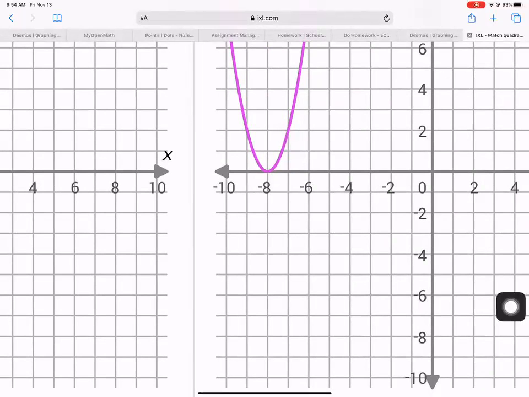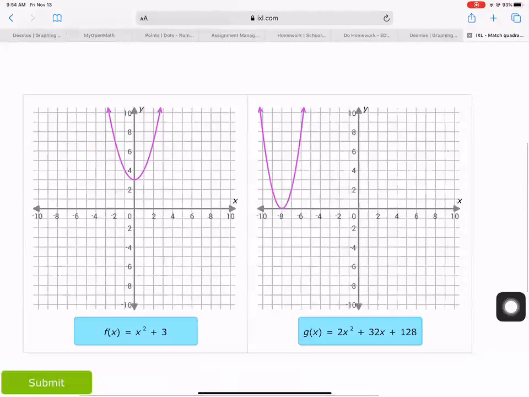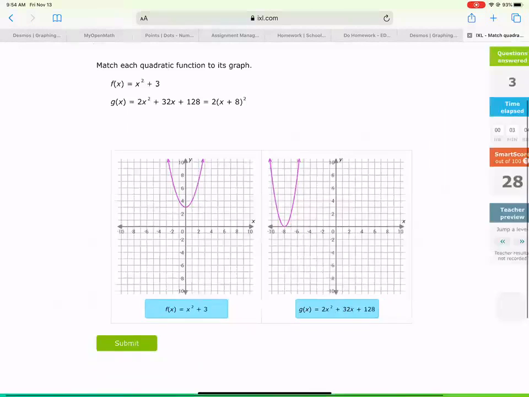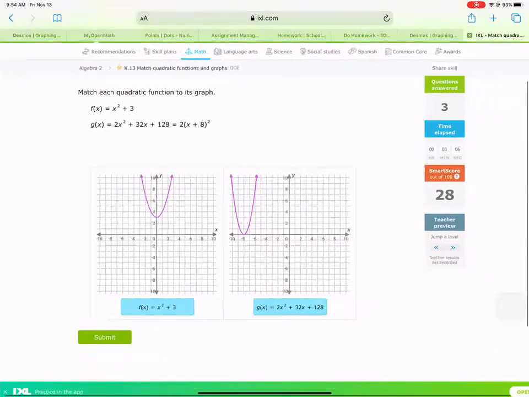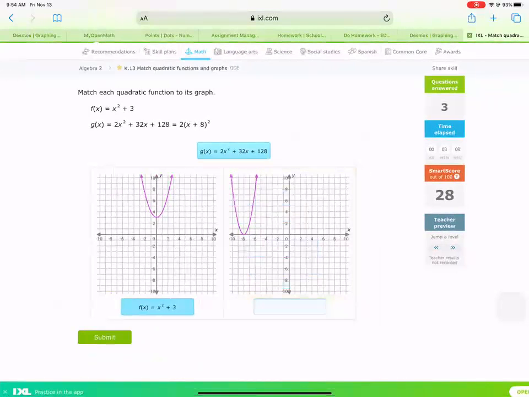Yes, Mr. Ko, doesn't it not equal something like the 2 equation? Can you go up? It says equal to 2 times the x plus 8. So should it be different? So match each quadratic function. What they did is they wrote it in vertex form.